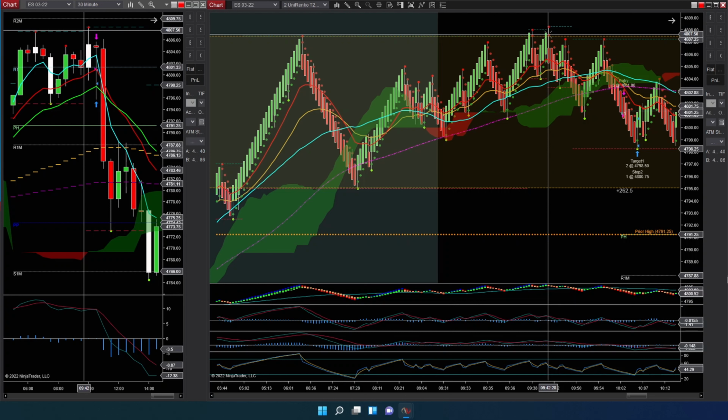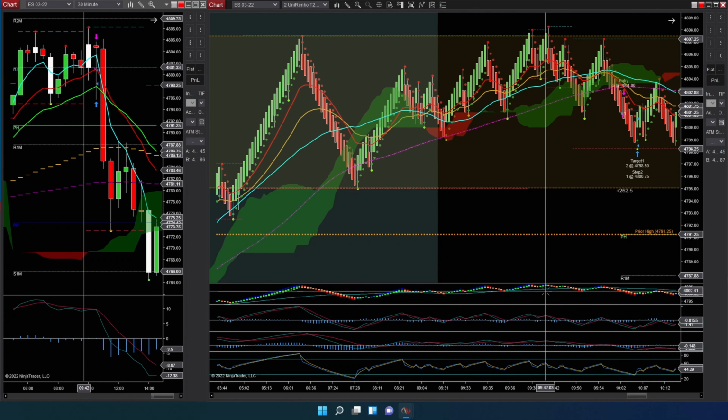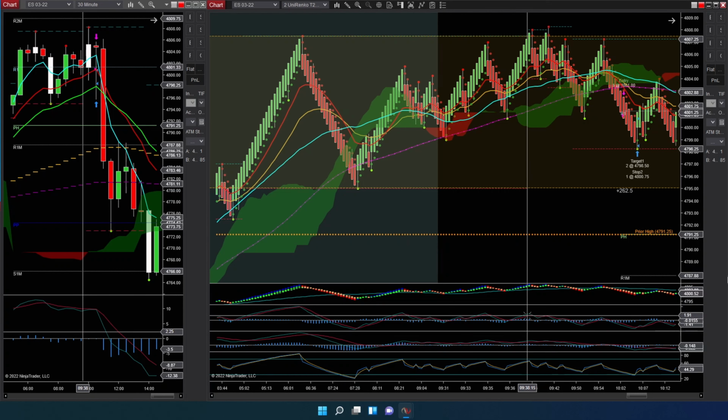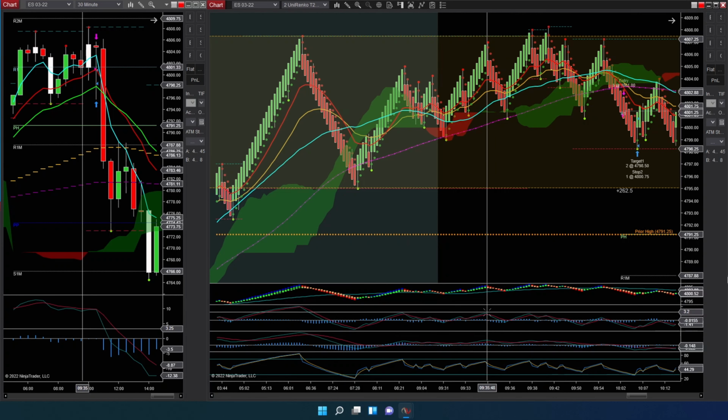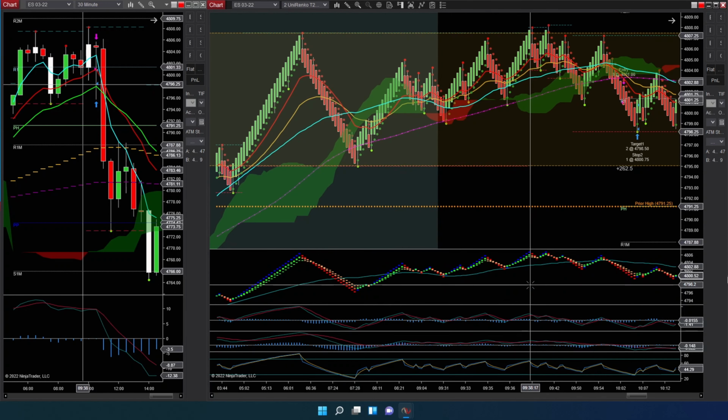And the reason was that I saw some divergence here. So you see this high, and then there's the MACD. Let me expand it a little bit for you so you see it better.